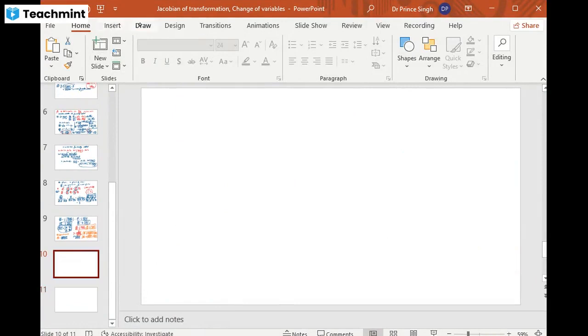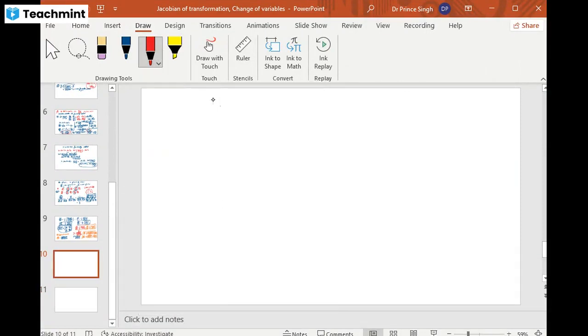Suppose the question is, if f is a function of x and y, and x is equal to r cos hyperbolic theta, and y is equal to r sine hyperbolic theta, then find the value of (curly f upon curly x) square minus (curly f upon curly y) square in terms of r and theta.